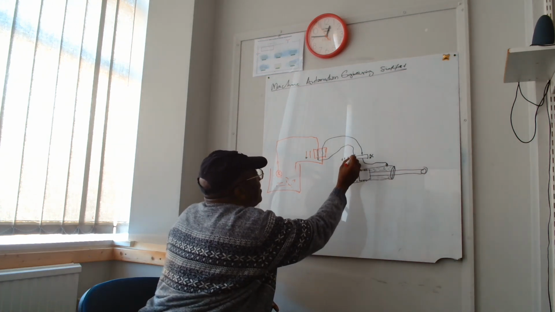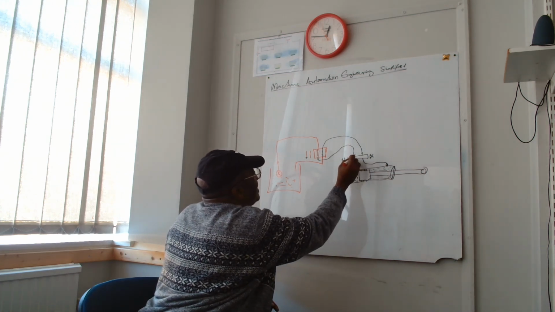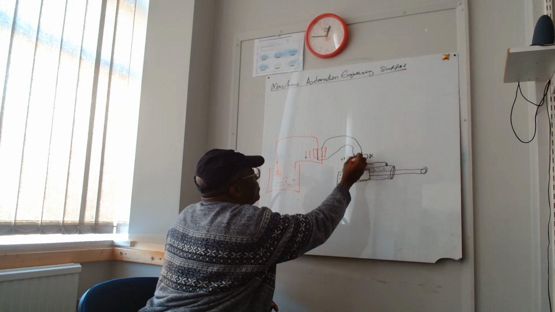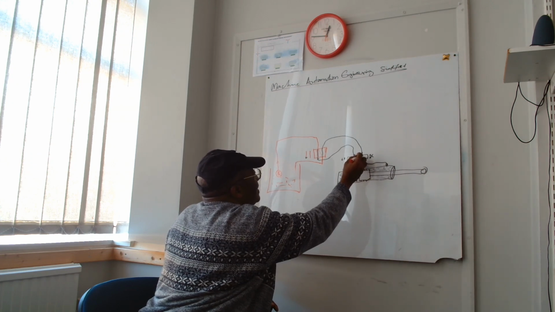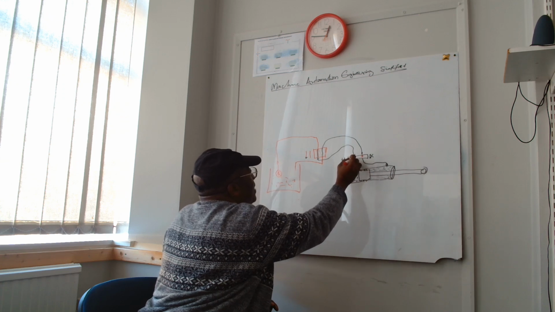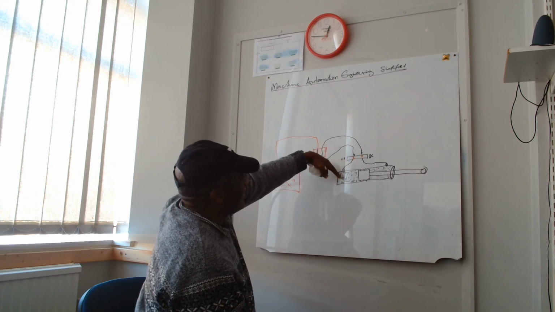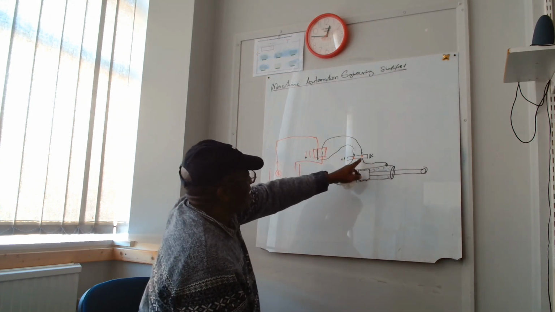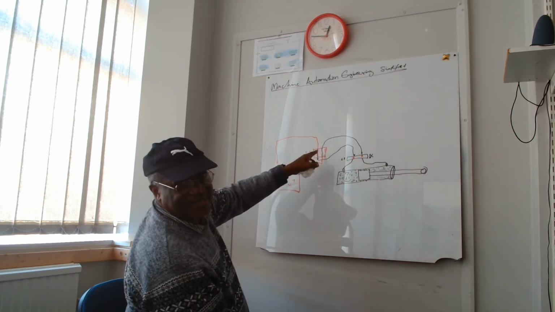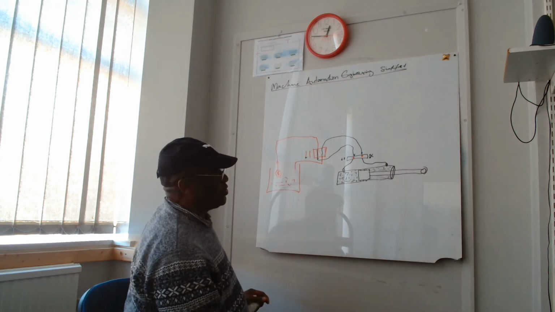This man will now be here, and this one will be here. So while this one is now taking the pressure in here, this one is returning the pressure through here to the tank. Exactly what I'm telling you.